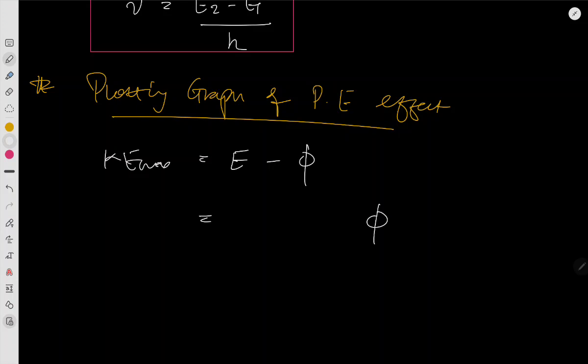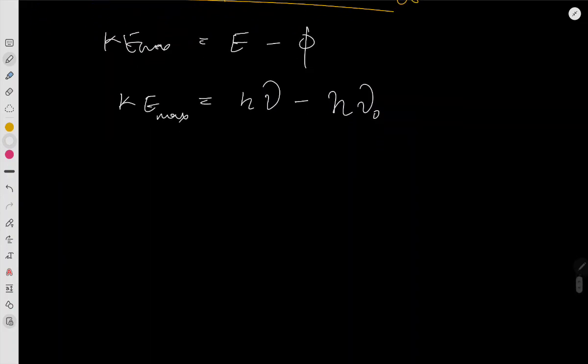E, that is the energy given, is in the form of light, that is in the form of radiation, that is in the form of a wave, and that we can express in the form of photon energy, that is hν, minus φ. We can also write this φ in the form of hν0, equals kinetic energy max.